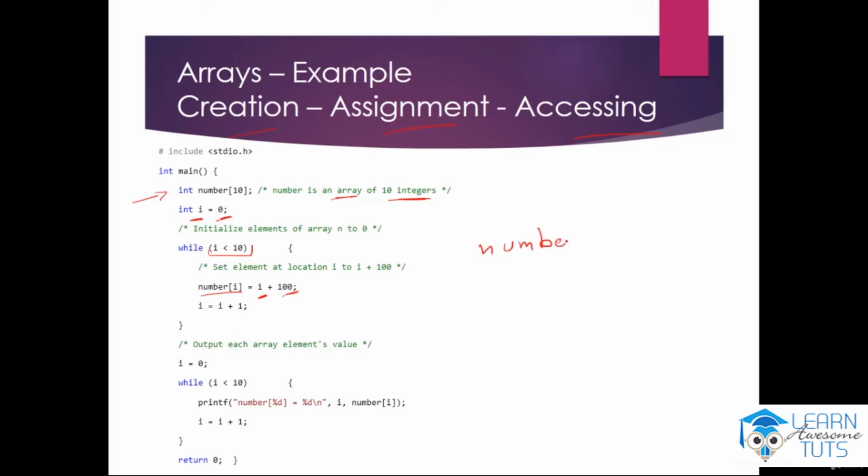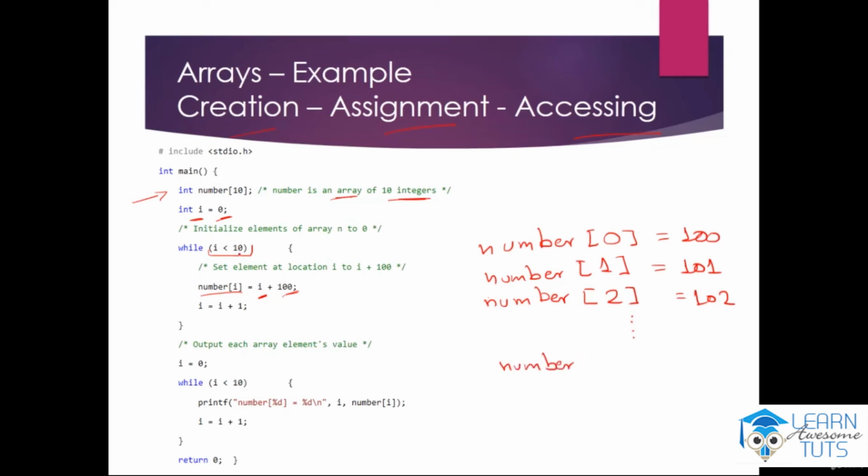So we would have number[0] equals 100, number[1] equals 101, number[2] equals 102, until the last would be number[9], because it's the last i that is less than 10.